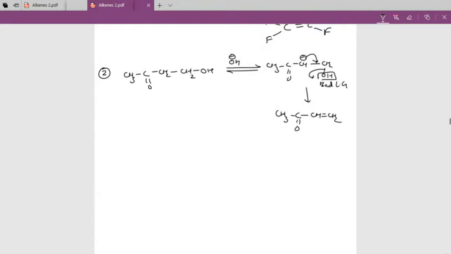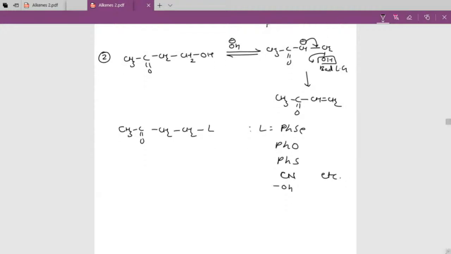From this I can say in general, whenever I have CH3CO-CH2-CH2-L, and this L is a very bad leaving group, this L could be PhSe, PhO, PhS, say CN, etc., then they are always E1cB. Then the reaction shifts to E1cB.